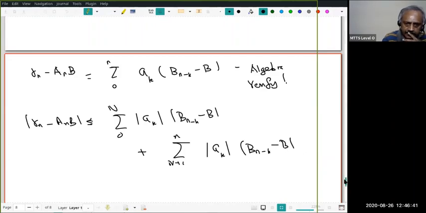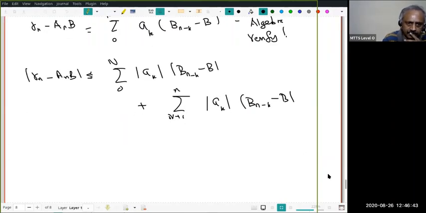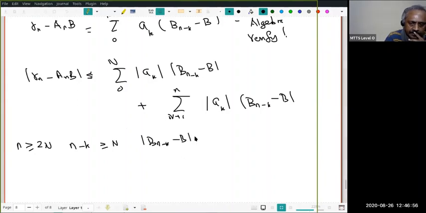You understood this? Now since n is greater than or equal to 2N, n minus k will be greater than or equal to N. Therefore, mod b_{n-k} minus b will be less than epsilon by 2 alpha. You understood that?